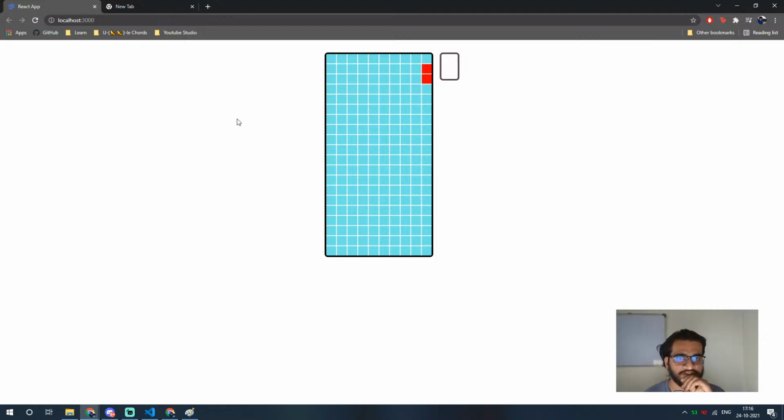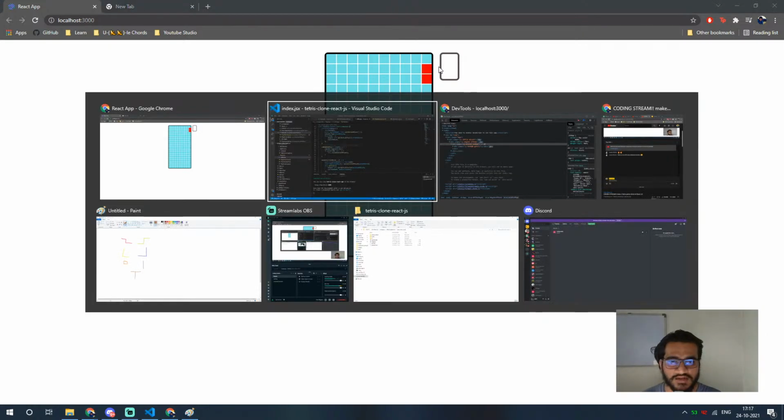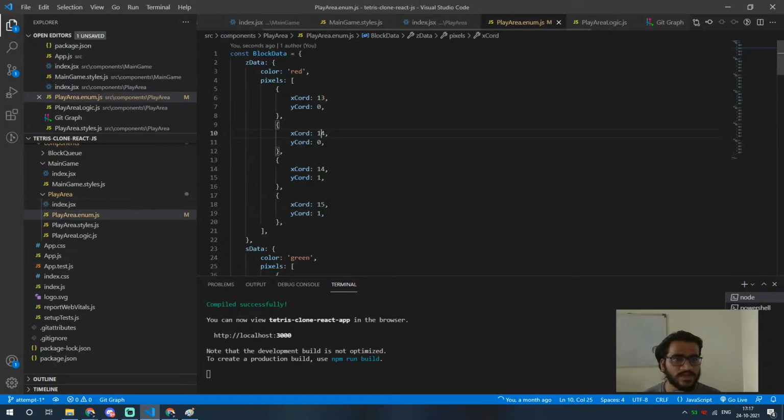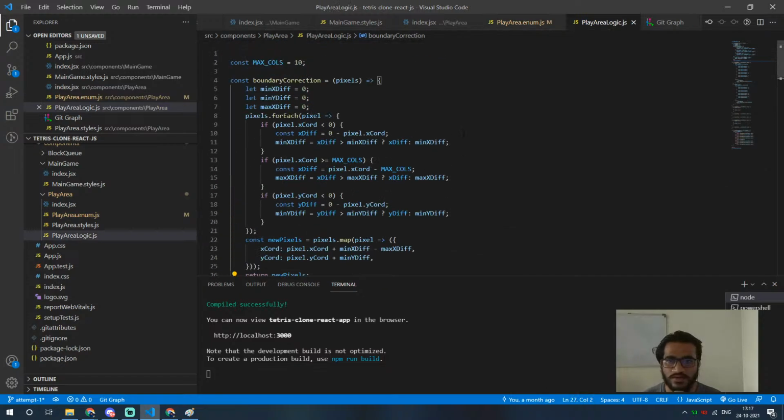Okay, so I think it has rotated, but I think rotation was working last time, but the boundary correction was such that it was outside, right? It is one outside. I remember this was the last step. So let me just check my boundary correction logic.